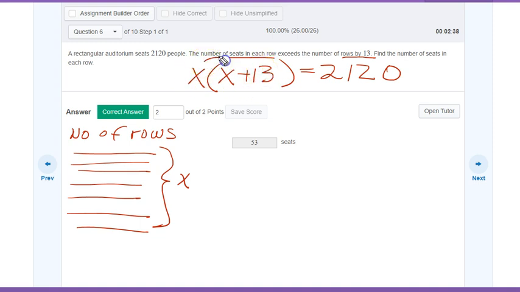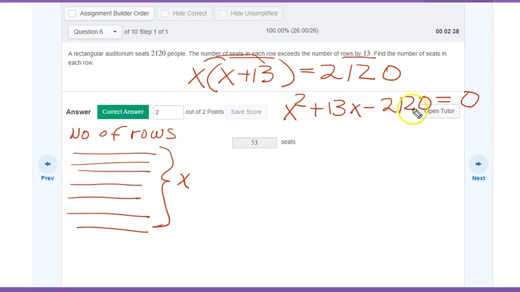So we're going to distribute that, get X squared plus 13 X. Transpose this to the other side to put it in standard form, and this equals 0. Now here you have to decide, do you want to try to factor that?